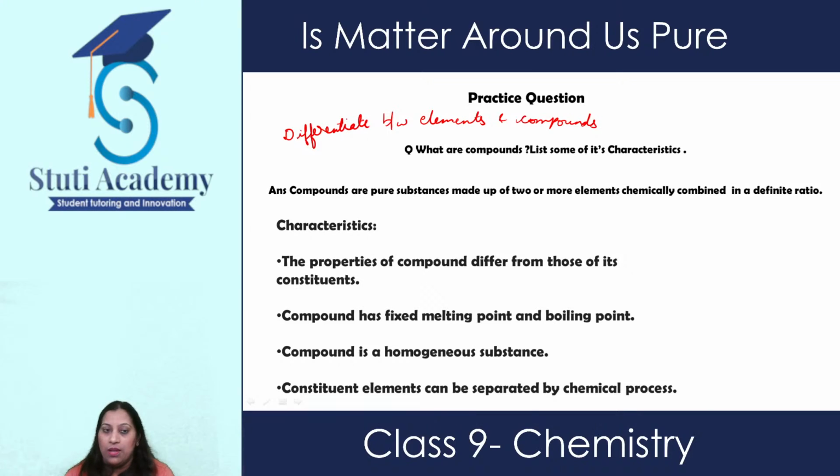Because like carbon, they are made up of carbon atoms only. So all the carbon atoms have same properties. And if we talk about oxygen, all oxygen atoms which are present in oxygen have same properties. So that's the difference between elements and compounds.